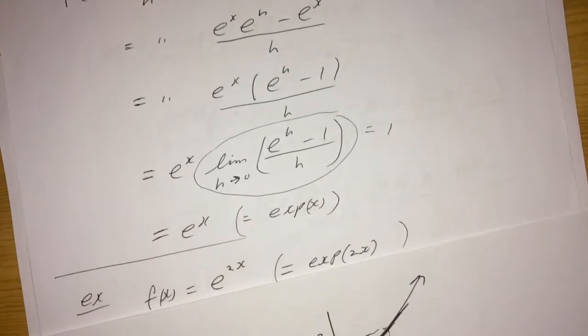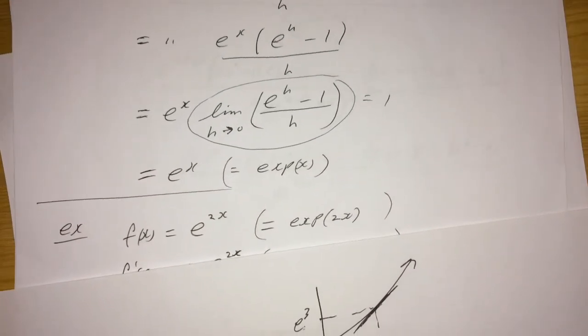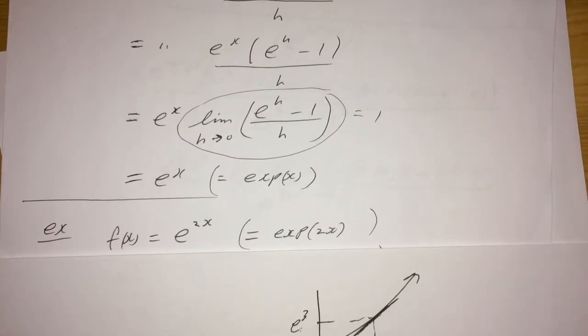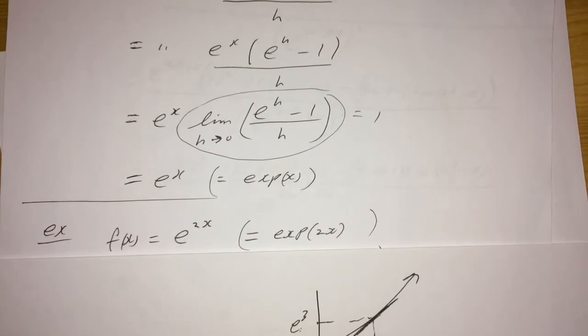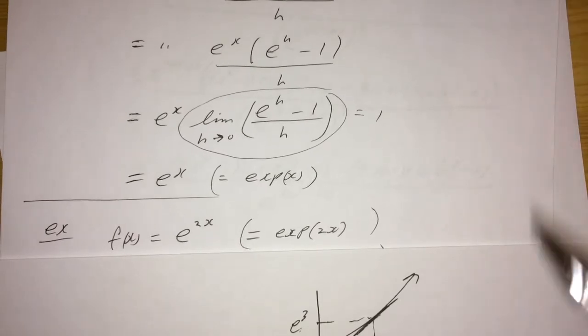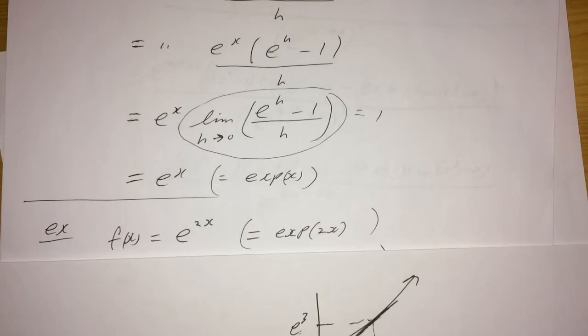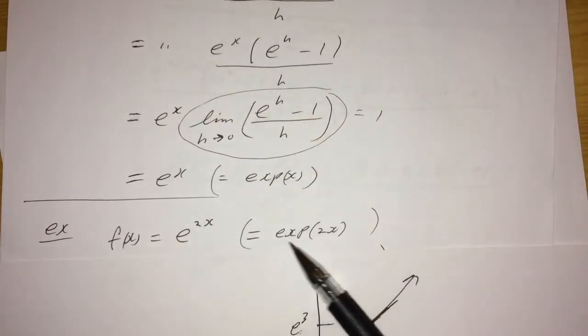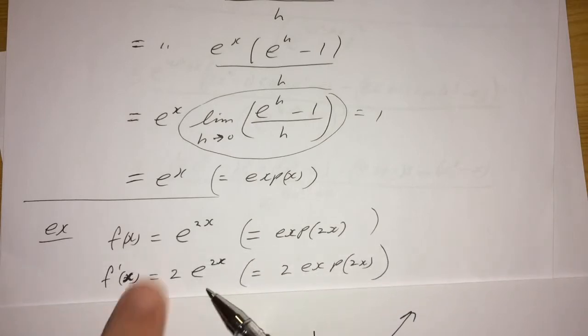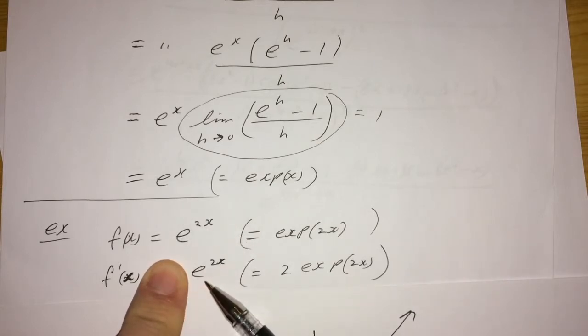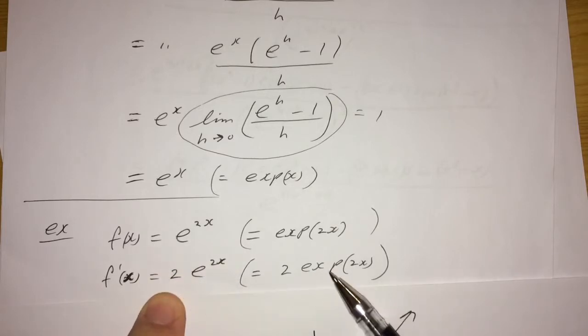Let's look at the example of e to the 2x, which can also be written exp of 2x. We have to remember the chain rule. The derivative of e to the 2x is the derivative of the outside, which is the exponential function, and that is itself, times the derivative of the inside, which is the derivative of the exponent, which is 2.